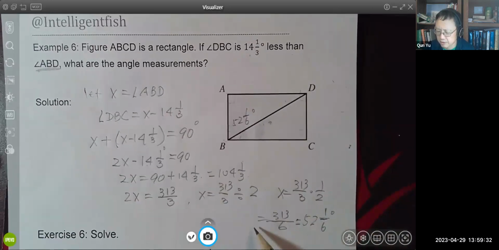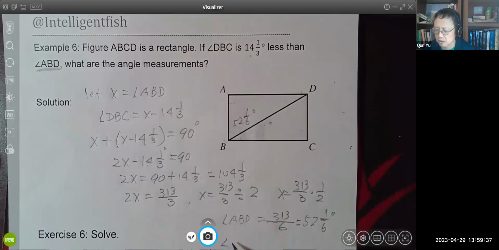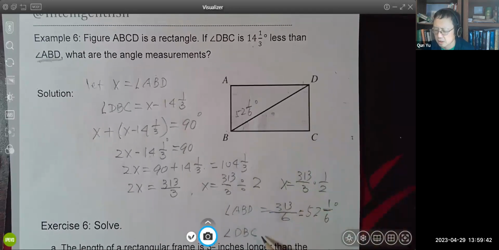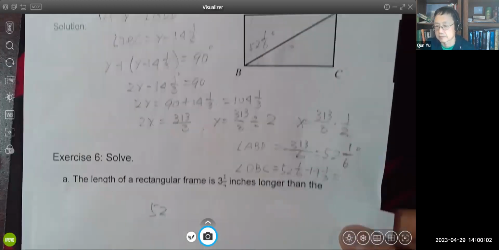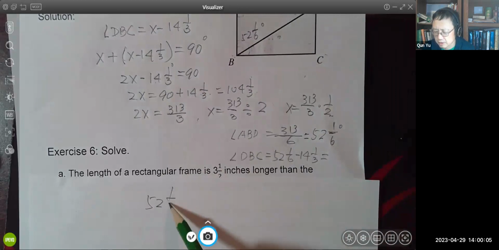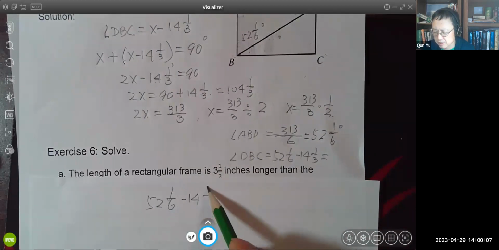So 52 and 1/6 minus 14 and 1/3. Let's do it on the side and see what we get. This one is an interesting subtraction: 52 and 1/6 minus 14 and 1/3.